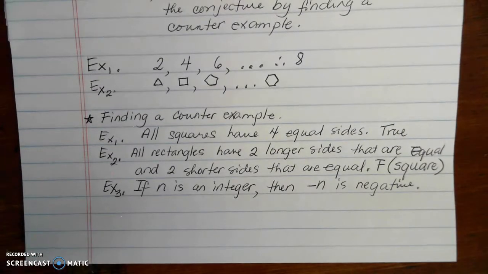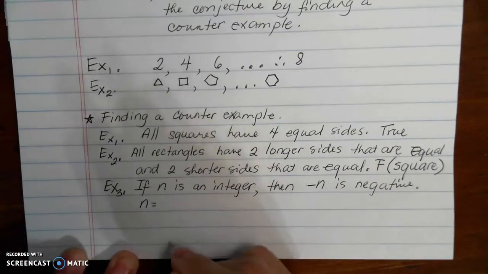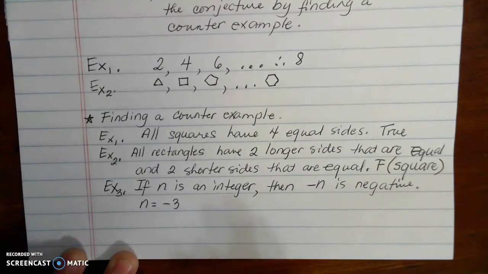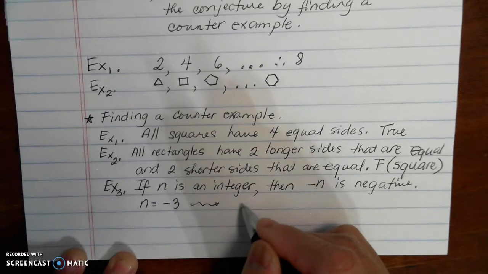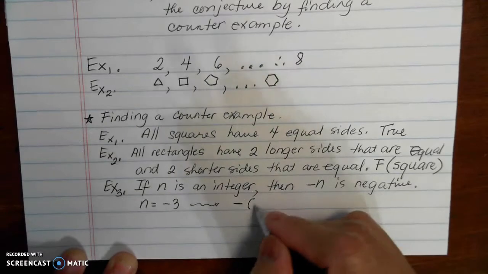Third and final example. If n is an integer, then negative n is negative. Let us look at this. I can think of a counterexample because if I say that my n is an integer of negative 3, for example, and I plug this in on my negative n, the negative is there, and I will just plug in my n, which is negative 3.